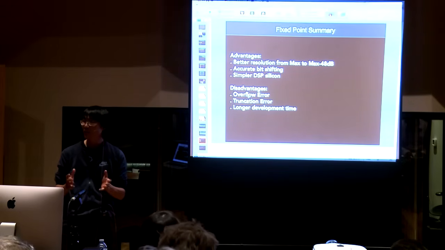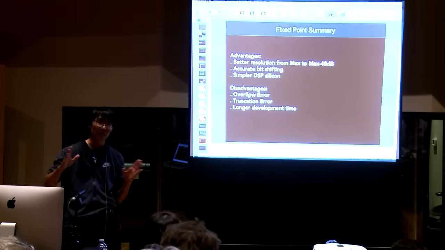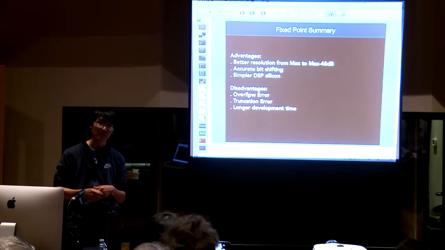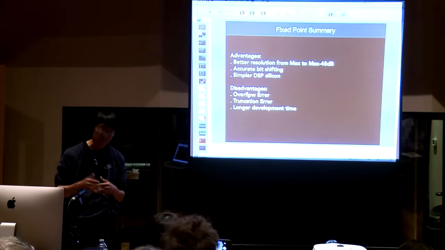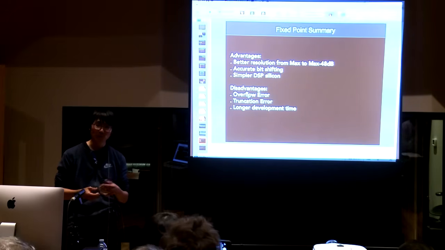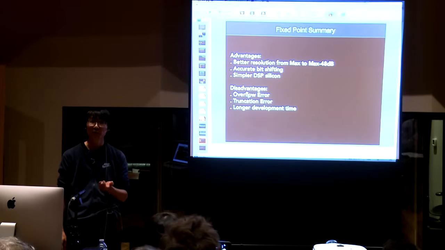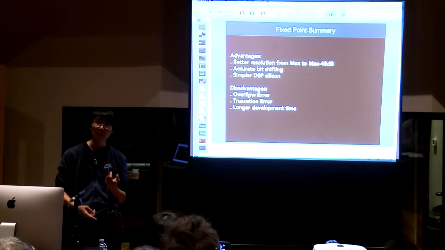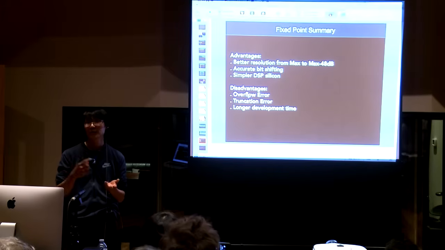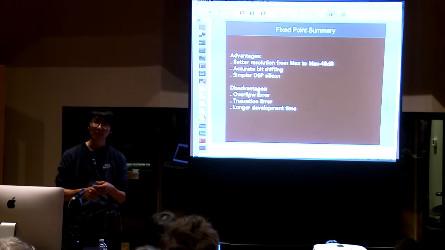It's getting closer now, but it's still different. Also less power consumption. So once you go to an iPhone or Android phone, they'll probably choose fixed point because of cost and heat. Hearing aids too, I think.